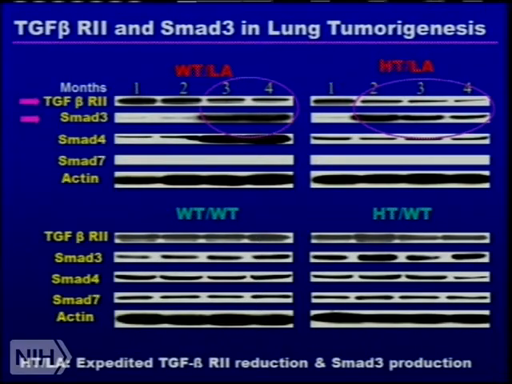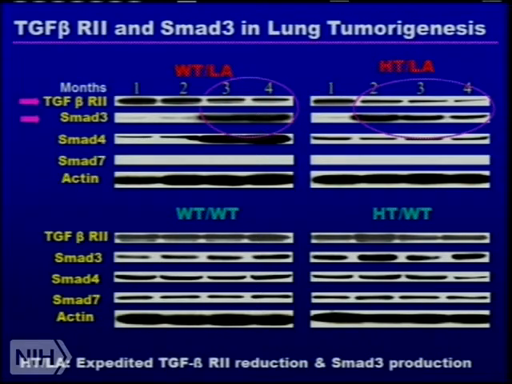Now, we also looked at the expression of the various SMAD proteins using Western blot analysis. And here shown typically is a comparison of the wild-type latent activatable with heterozygous latent activatable.